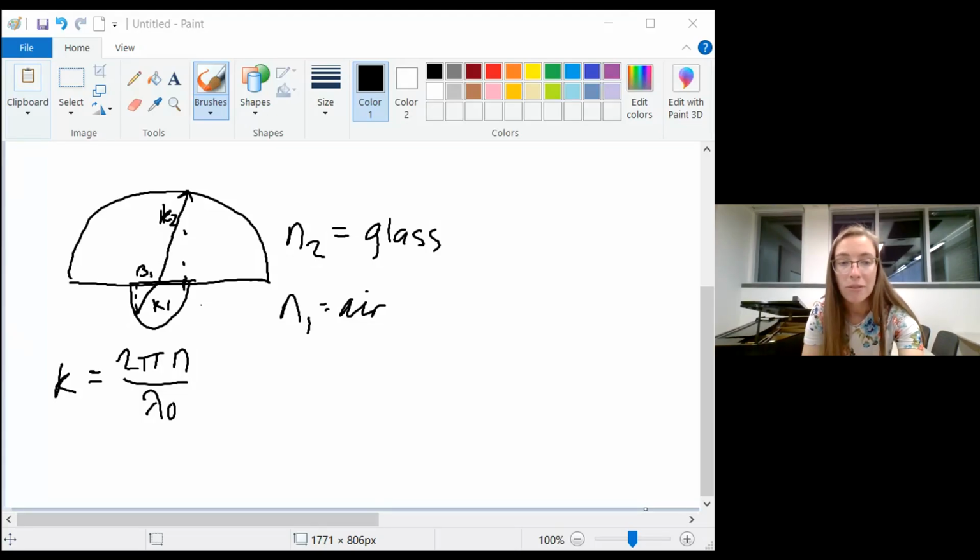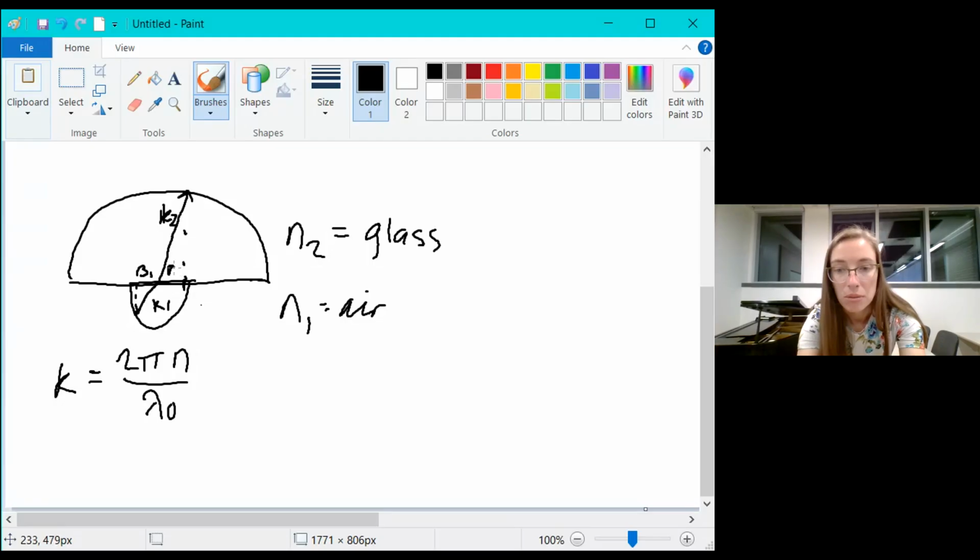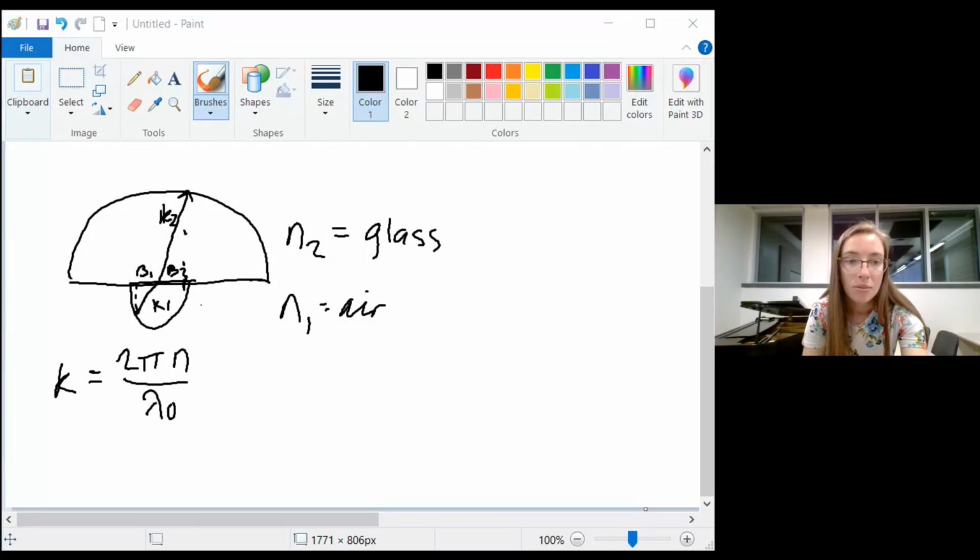So when a wave hits an interface, this tangential component, like I was saying earlier, is conserved. It goes just right across. And so that's why we can see that the k vector does get quite longer.